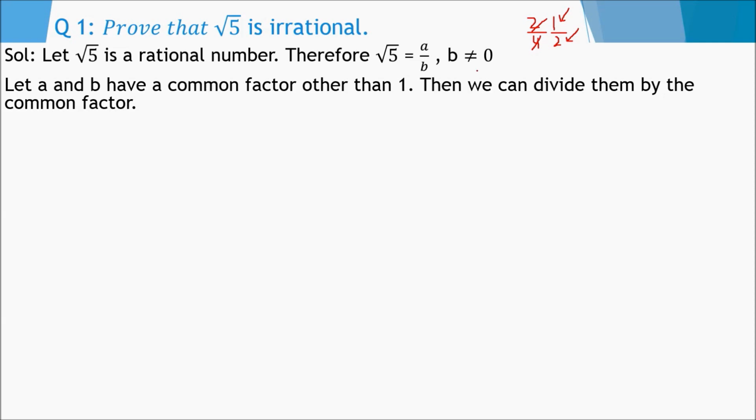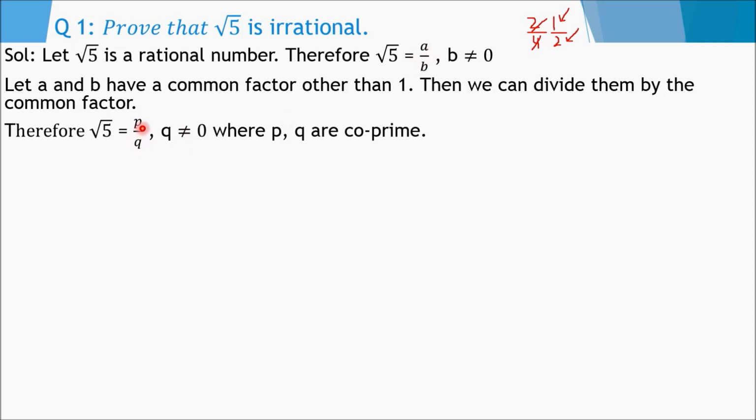So firstly we assumed that square root of 5 is a rational number. We took square root of 5 equal to a divided by b, and if a and b have a common factor other than 1, we divide them by the common factor. Suppose we get a new number, square root of 5 equal to p divided by q, after dividing a divided by b by the common factor.